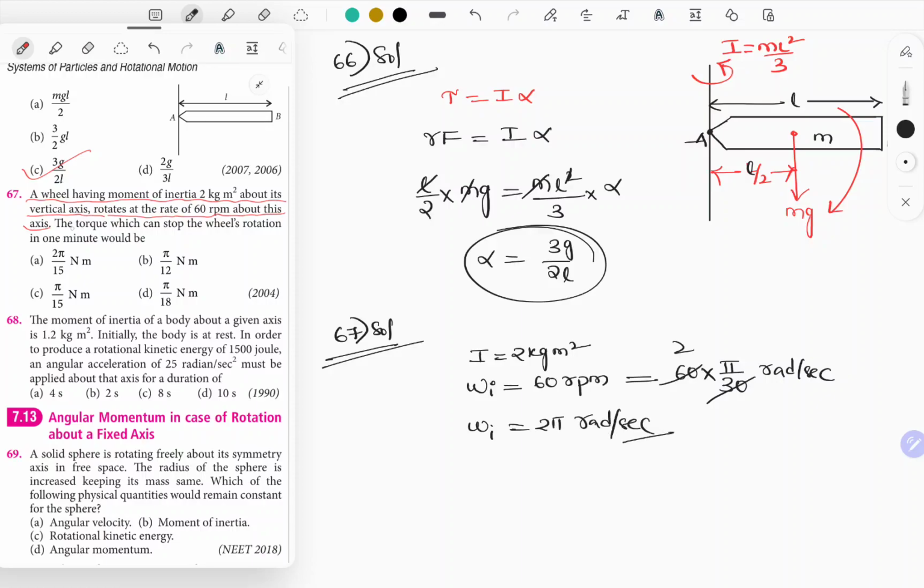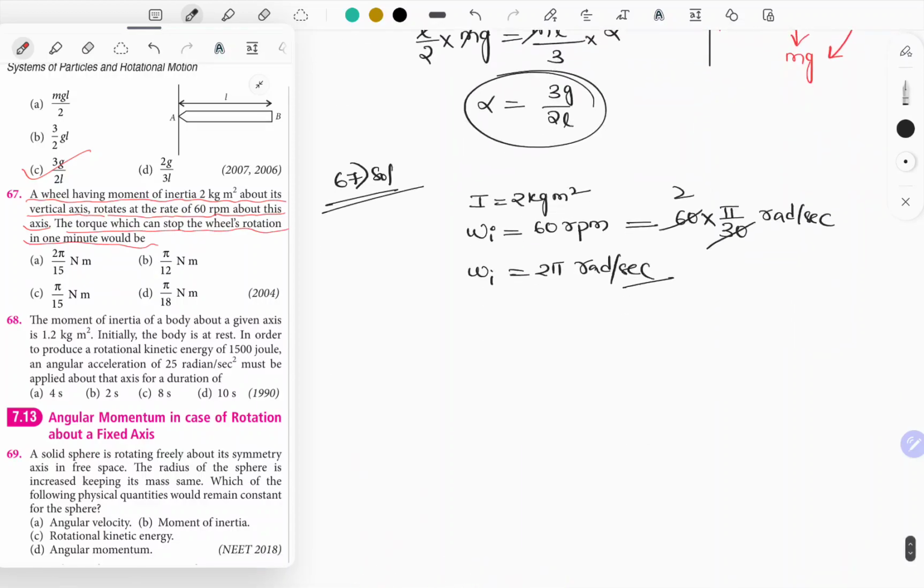Next, the torque which can stop the wheel's rotation in 1 minute would be. So what is final angular velocity? It is going to be 0. In how much time? t is equal to 1 minute, which is nothing but 60 seconds. To find out torque, the formula is I into alpha. Do I know alpha? I don't know alpha.